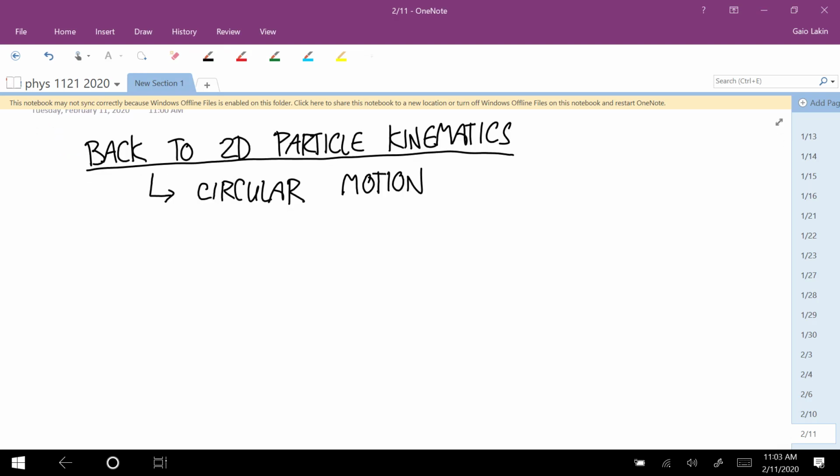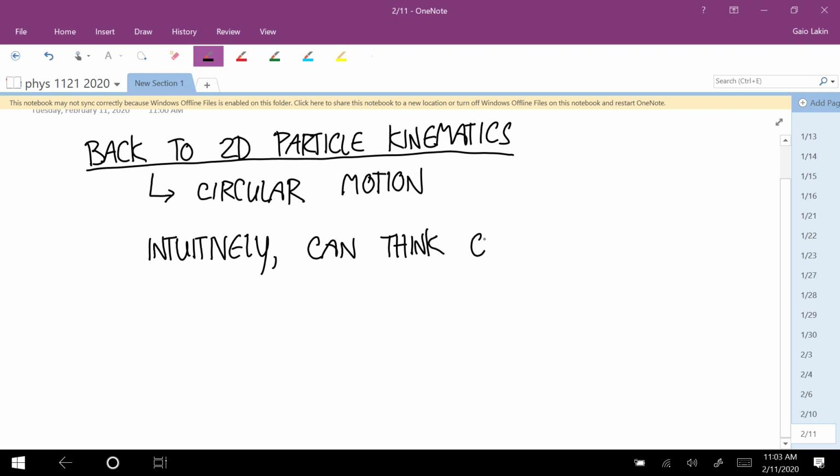And intuitively, you can think of the velocity and the parallel part of the acceleration and the perpendicular part of the acceleration the same way we did in that two-dimensional accelerations lab.